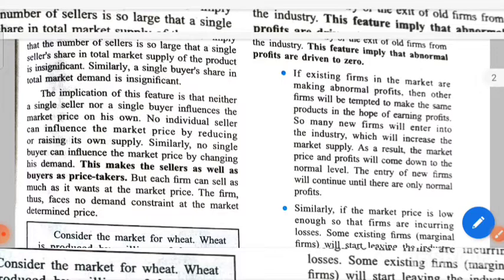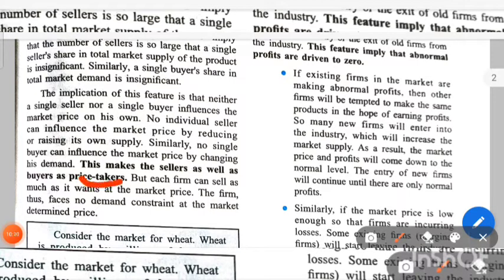They are the price takers. That's why these sellers are known as price takers.